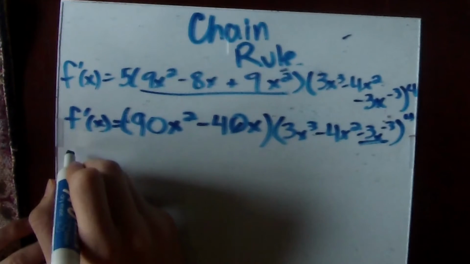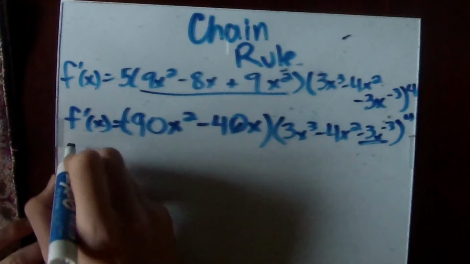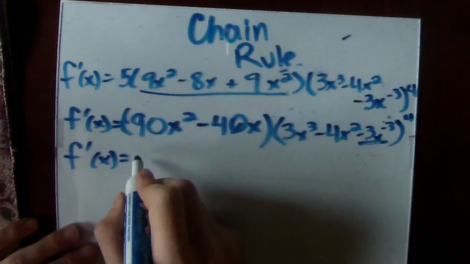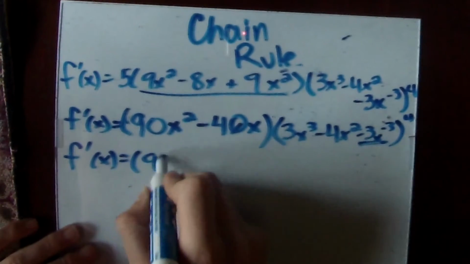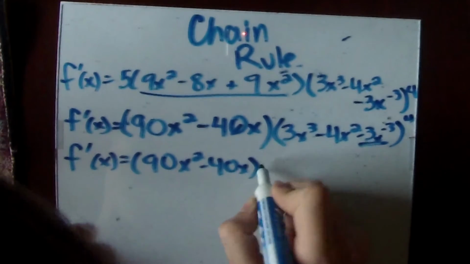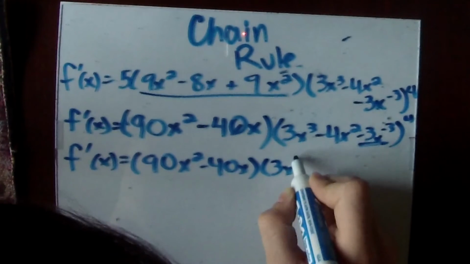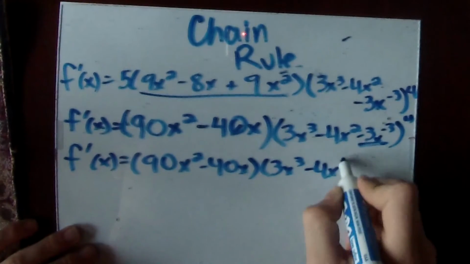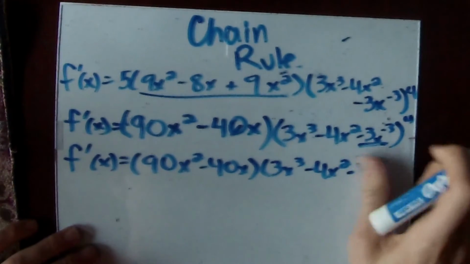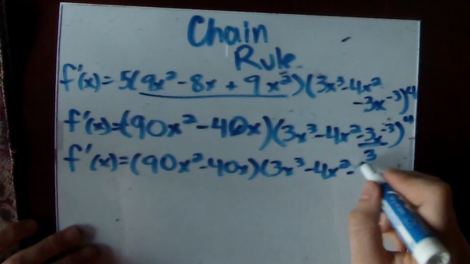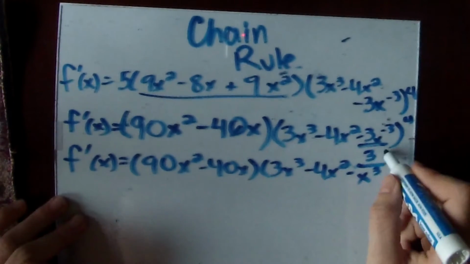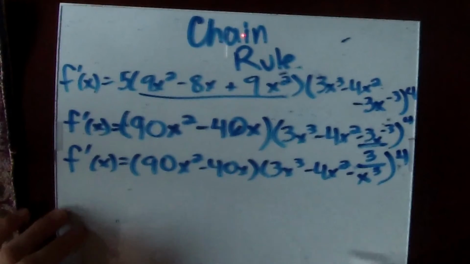So f prime of x equals 90x squared minus 40x times 3x cubed minus 4x squared minus 3 over x cubed, and that to the fourth.